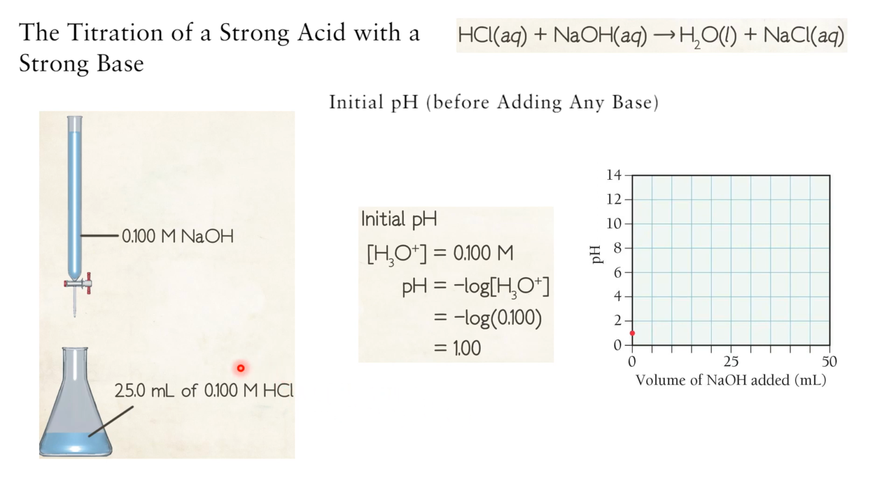So if I have 0.100 molar HCl, I know that I have 0.100 molar H3O plus, right? Now I'm going to take the negative log of this to get the pH, and it's just 1. Okay? And there it is. That's my first point on my titration curve.